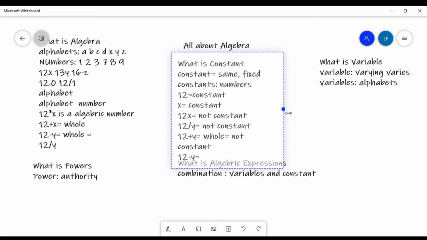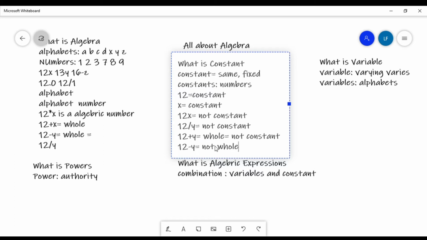But if we consider 12 is one number and y is another number, not a whole, then 12 will be a constant, whereas y will not be a constant. Now, it's all very confusing if you only know one part of the entire thing, only the tip of the iceberg. Well, why don't we know the rest of it?